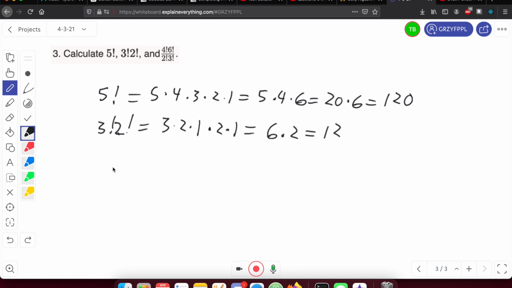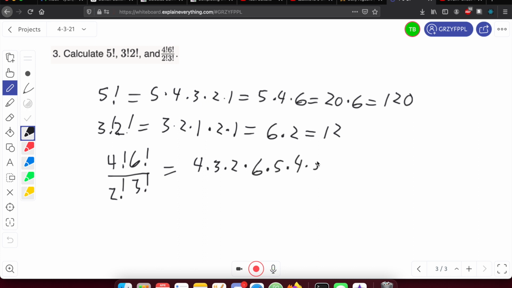Now moving on to the last problem here, we have 4 factorial times 6 factorial, all over 2 factorial times 3 factorial. We will expand this out, and we're going to drop the 1s here because they don't affect the final answer. So 4 times 3 times 2 times 6 times 5 times 4 times 3 times 2 over 2 times 3 times 2.